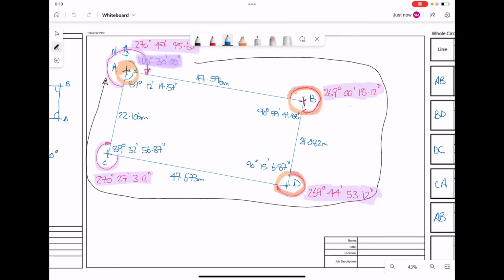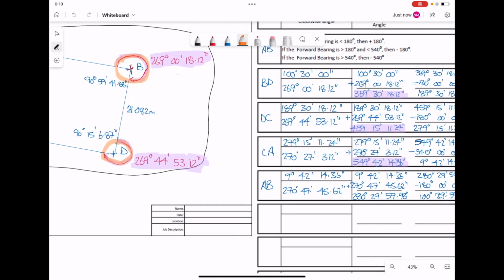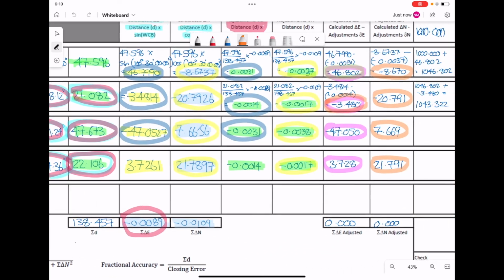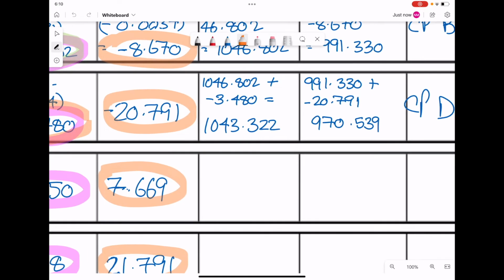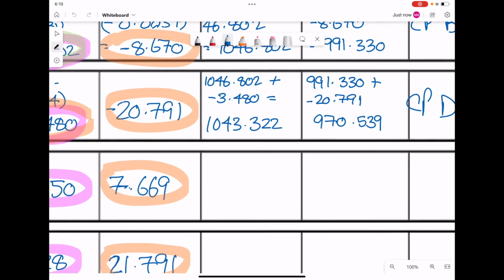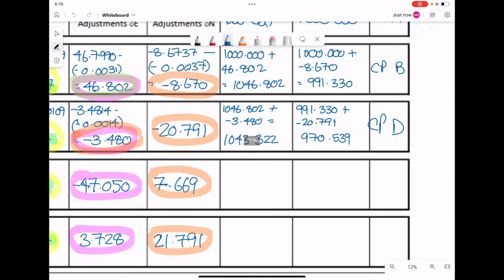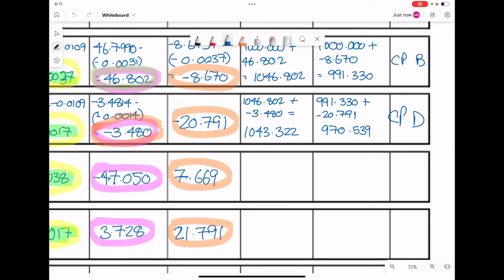Now, if we look back at our plot, we've got the coordinates for point D. After point D, we are going to calculate the coordinates for point C. Similarly, we're going to use the previous coordinate. Here we're going to have control point C using the previous coordinate of D. We're going to add on the partial.